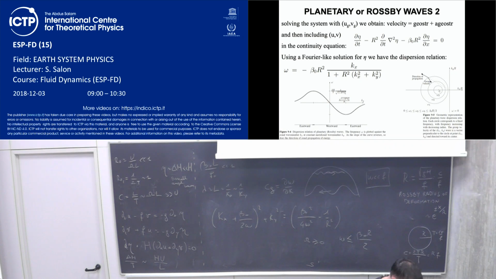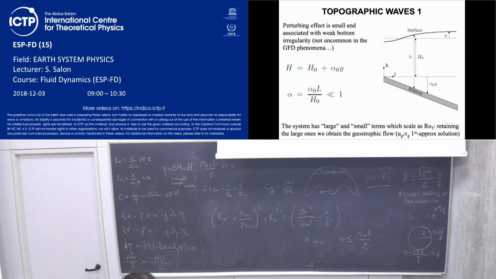Okay. Last few minutes to consider only, very fast, so I don't want to go too much into detail because the analysis is very similar to the planetary effect, and it is the topographic wave. So the topographic wave is another solution of our system, but now we are no longer considering a perturbation over the Coriolis parameter, but over the depth H. Up to now we have always considered the bottom as flat.